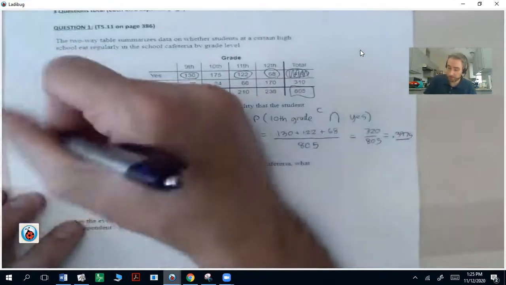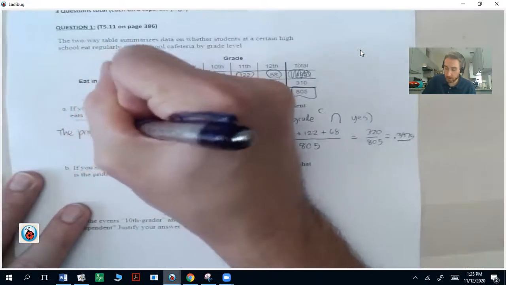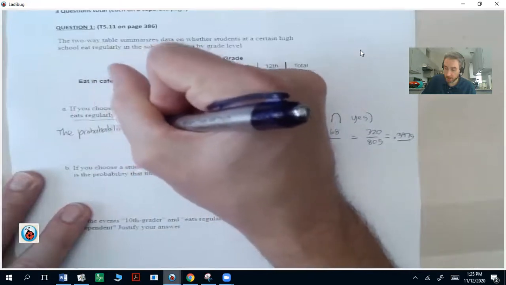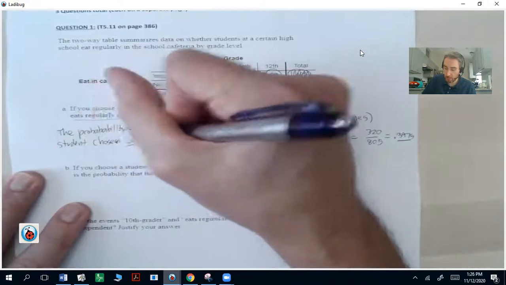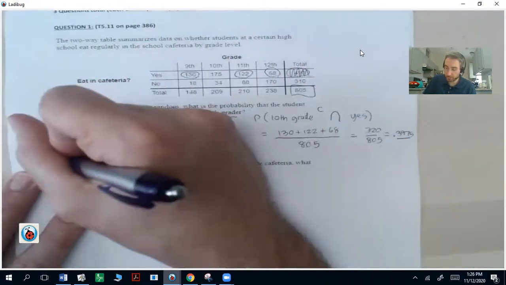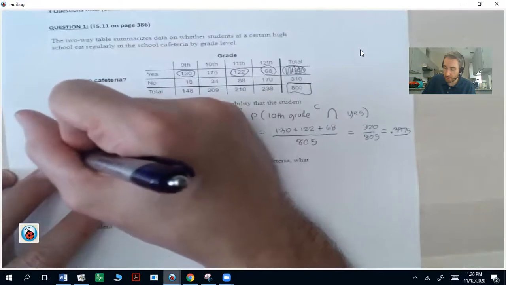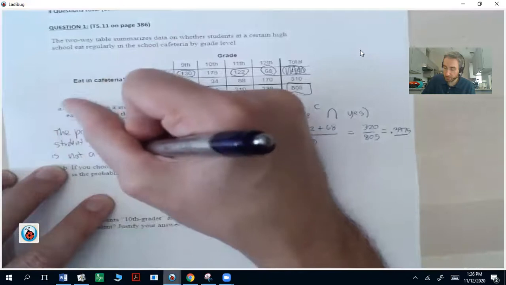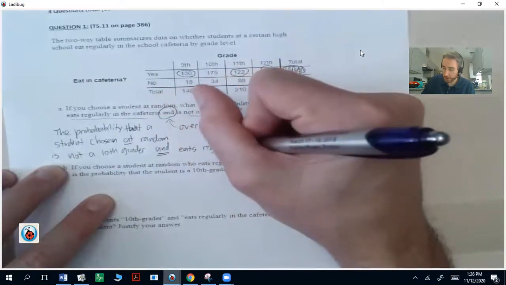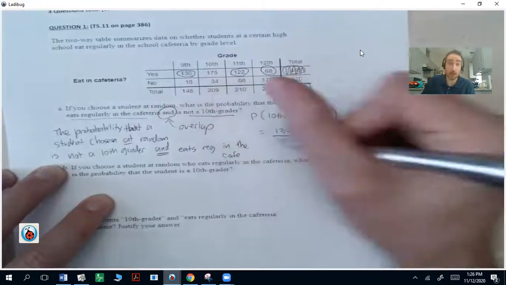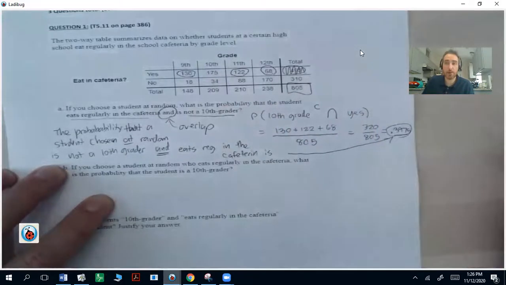We would say the probability, basically restate the question, that a student chosen at random is not a 10th grader and eats regularly in the cafeteria, yes, is about 39.75%.